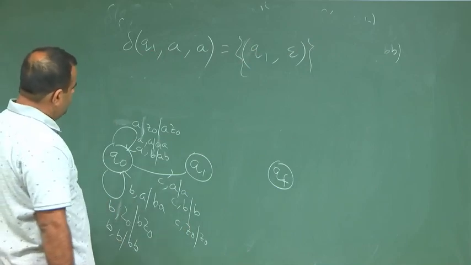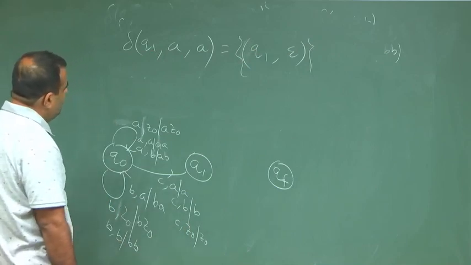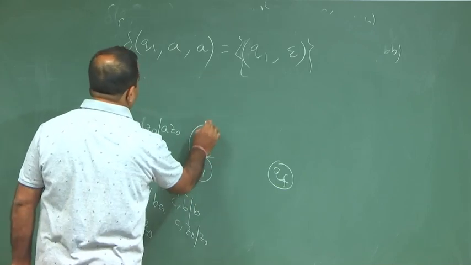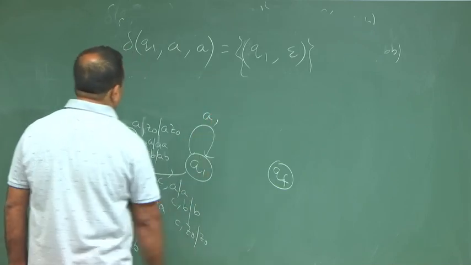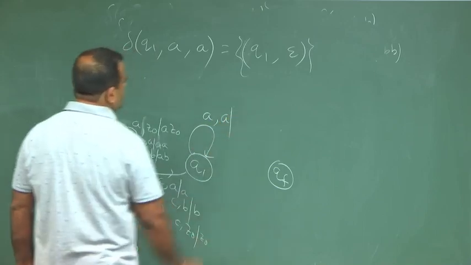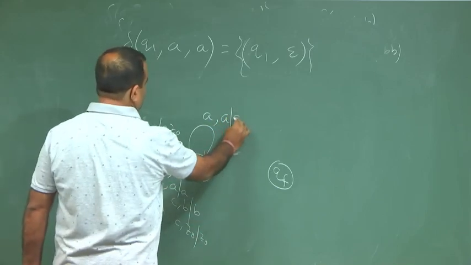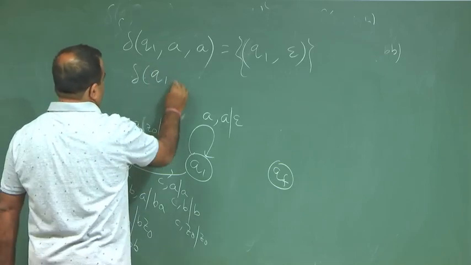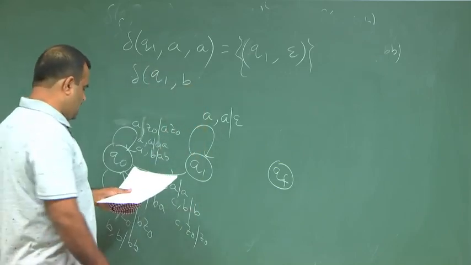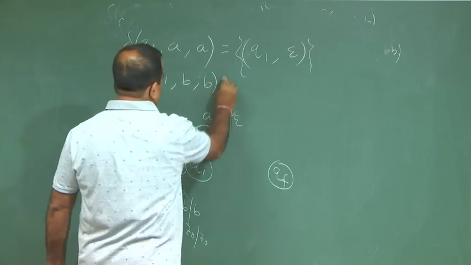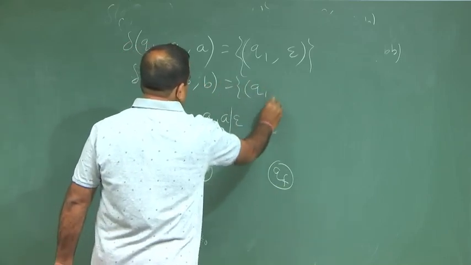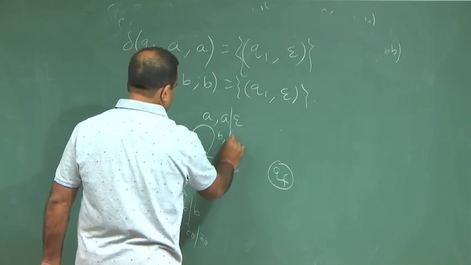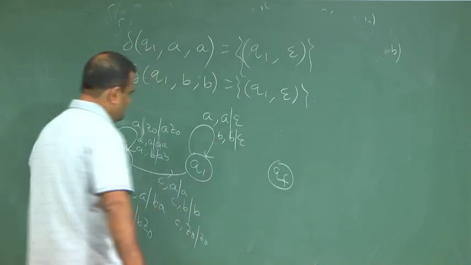That means if we are at Q1 and we see A, we remain at Q1. So if we see A and the stack is A, then this A will be erased. And from Q1 if we see a B and the stack symbol is B, we are going to erase that.